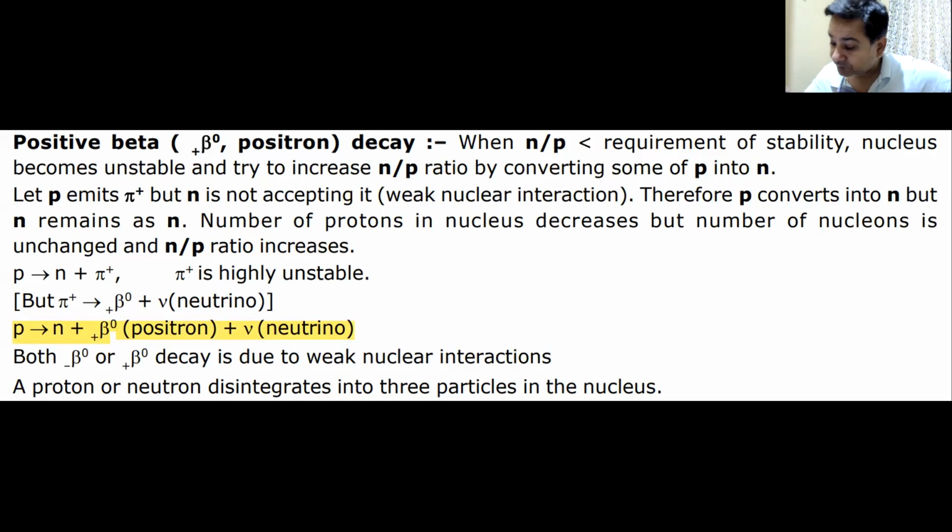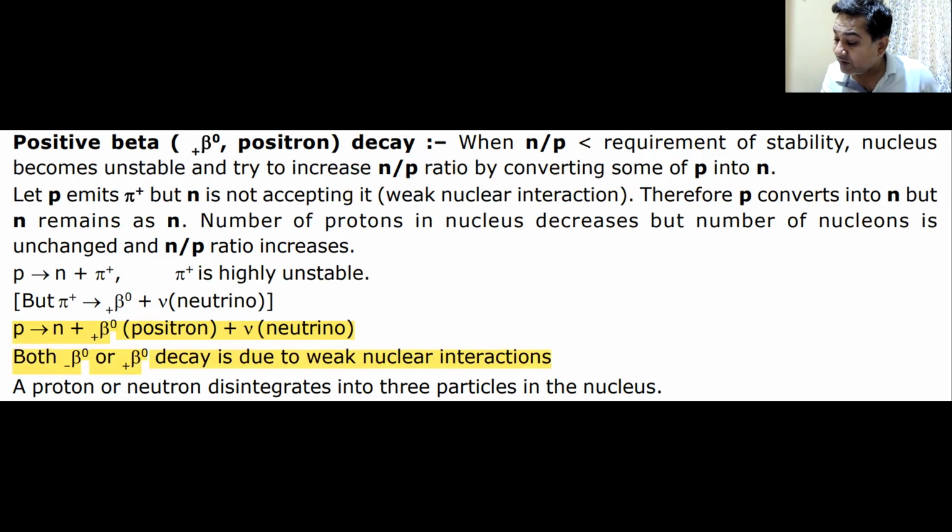First thing first, why is this happening? Whether it's a positive beta decay or negative beta decay, it is happening because of weak nuclear interaction. Never forget this in your entire life. Weak nuclear interaction. This is the only time when this weak nuclear interaction is happening.